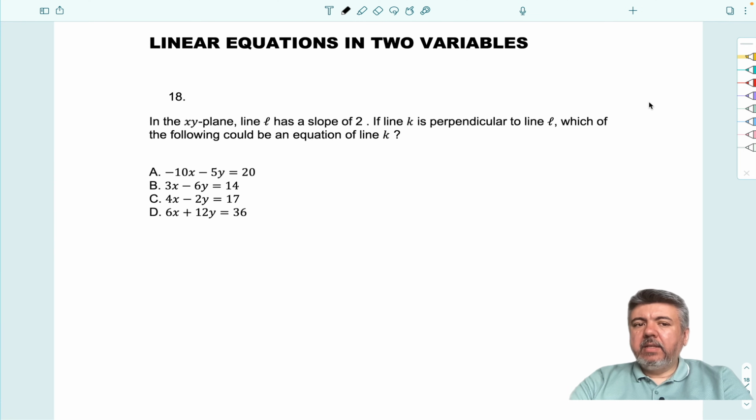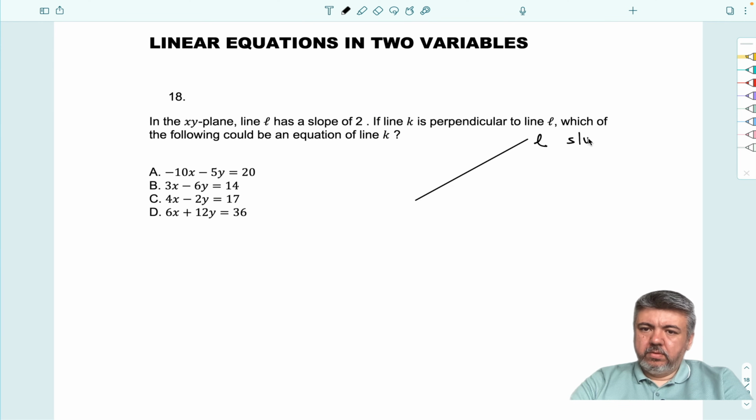Question 18. In the xy plane, line L has a slope of 2. If line K is perpendicular to line L, so we have a line with slope 2, and another line K that's perpendicular, 90 degrees, to this line. We're looking for its slope.